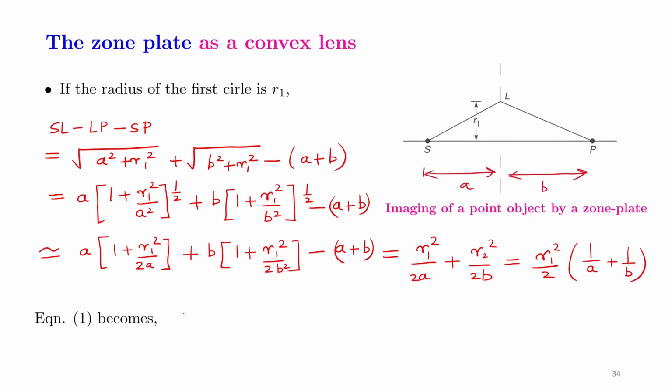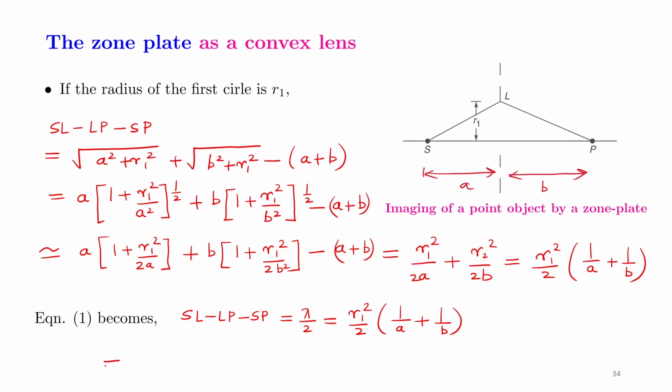Now equation 1 becomes SL plus LP minus SP equal to lambda by 2, that is equal to r1 square divided by 2 times 1 by a plus 1 by b.